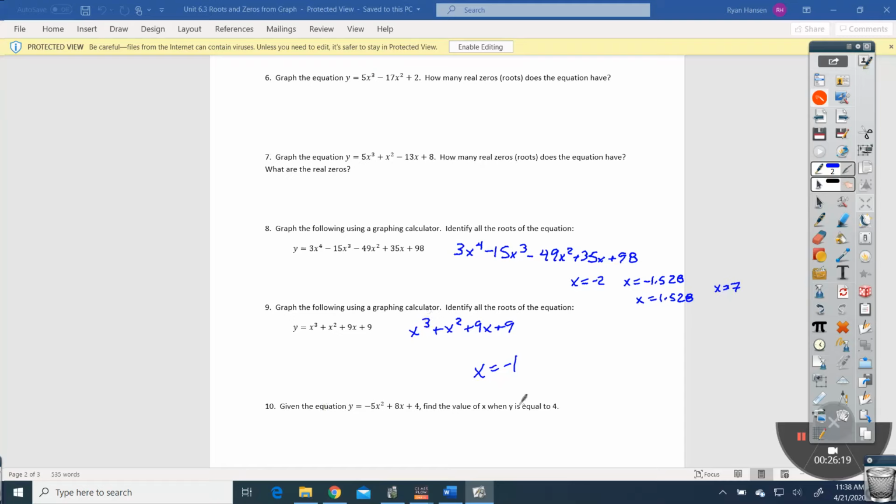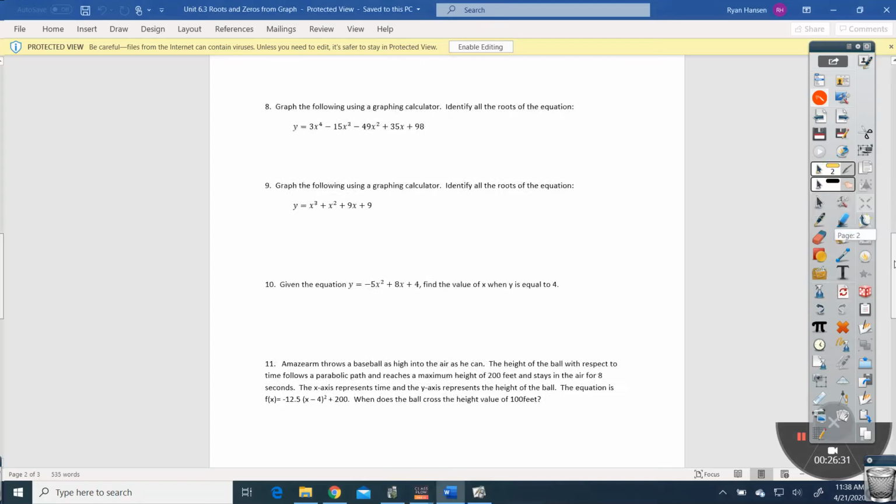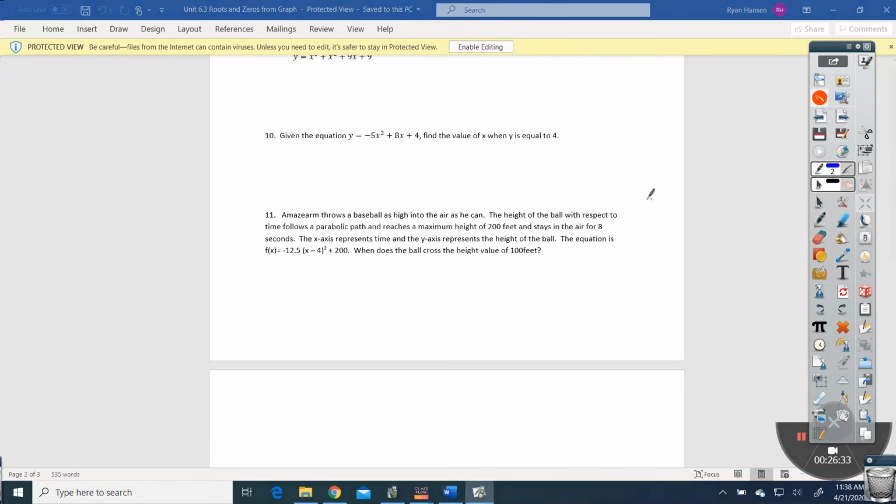Now it says, given this equation, find the value of x when y is equal to 4. So again, remember that we could just take this and say 4 equals negative 5x squared plus 8x plus 4. Now I'm going to minus the 4 over. And I get negative 5x squared plus 8x equals 0. So now to solve that, I factor out an x, and I get x times negative 5x plus 8.